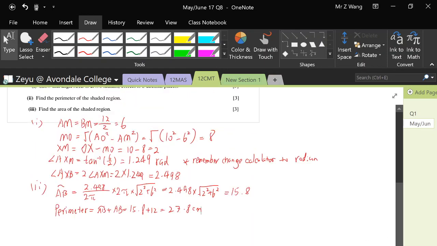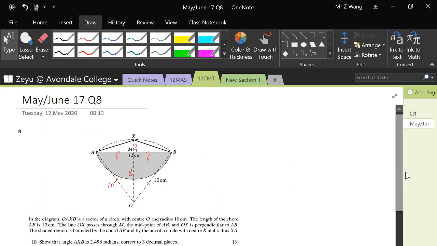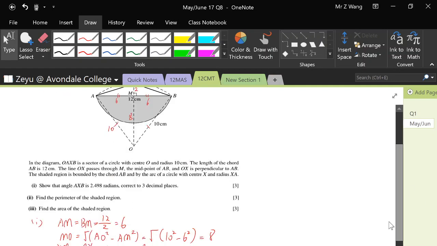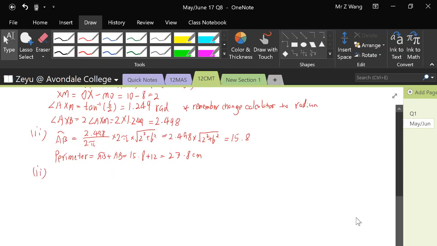And the third question is find the area of the shaded region. This is a very standard question. You need to figure out the sector and then take off the area of the triangle.